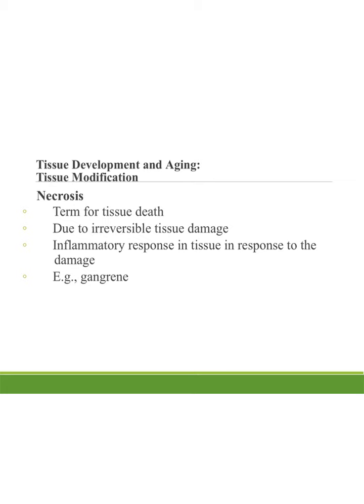And then, talked about this earlier, necrosis is when the tissue dies. This is due to the tissue being damaged. So basically the cells are damaged, they go through autolysis or apoptosis, and that tissue becomes necrotic. We talked about this earlier with inflammation. So that's the first part of the response once you've had an injury.